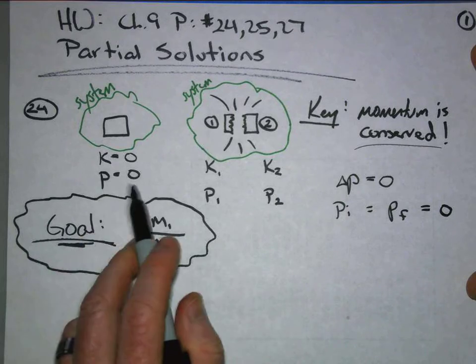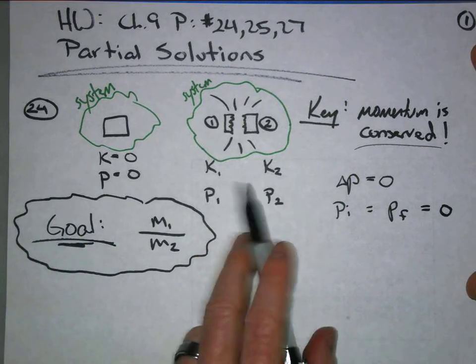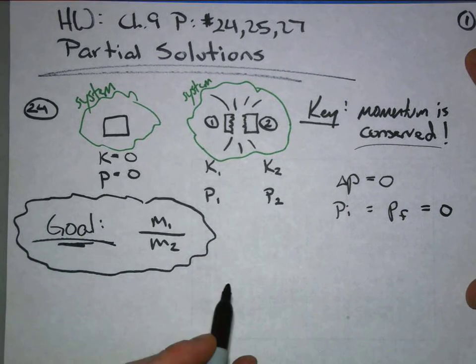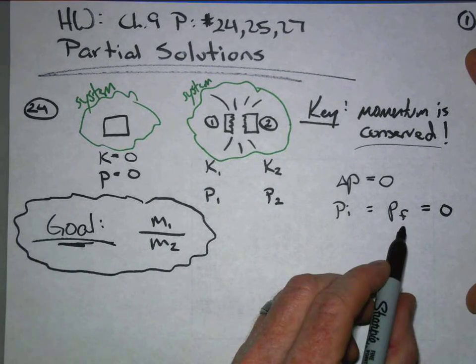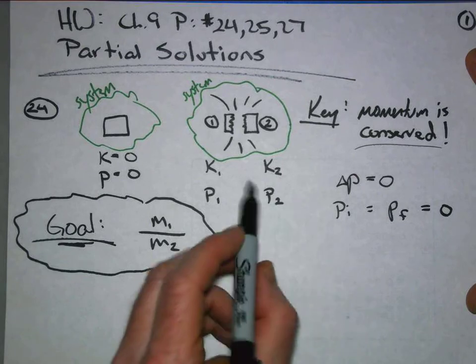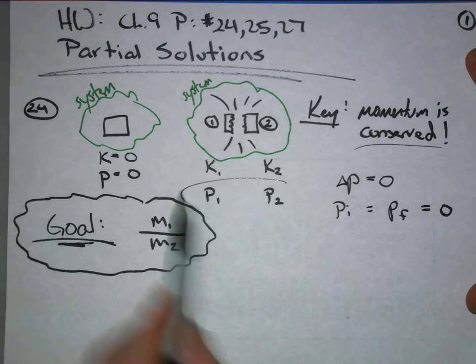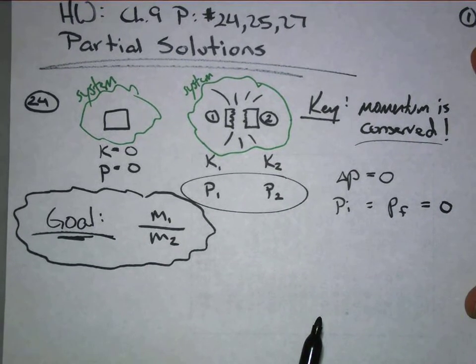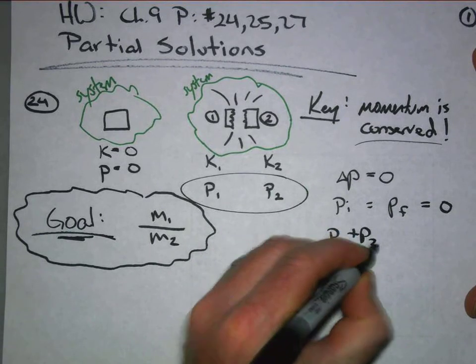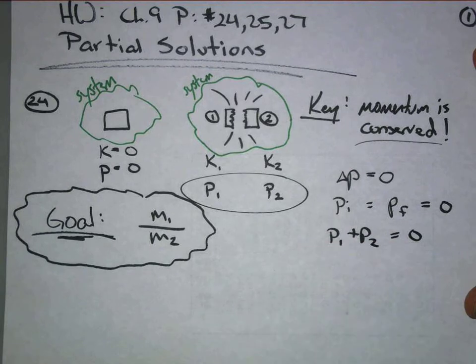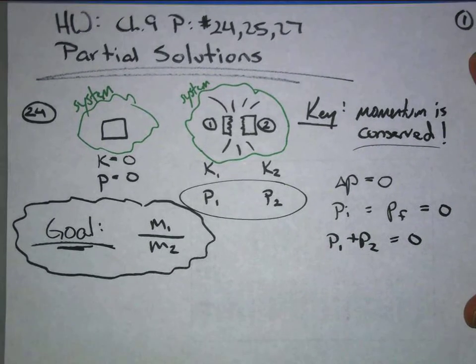So the total momentum beforehand will have to equal the total momentum after. The final momentum is the sum of those two, so P1 plus P2 has to equal 0, because momentum here is conserved.